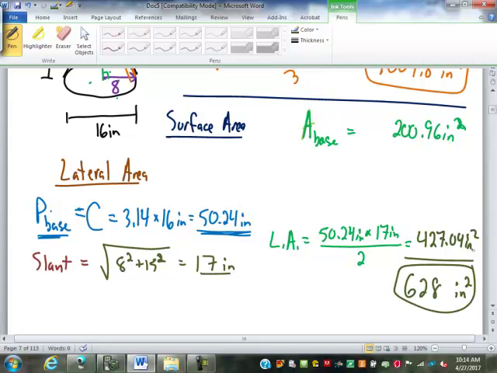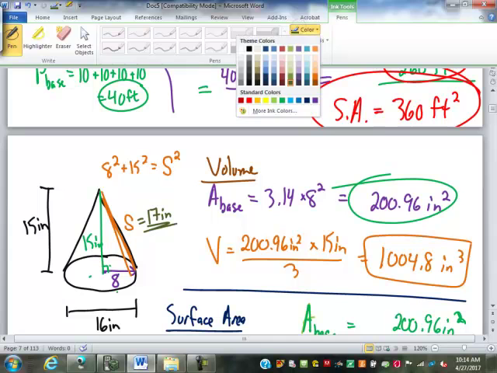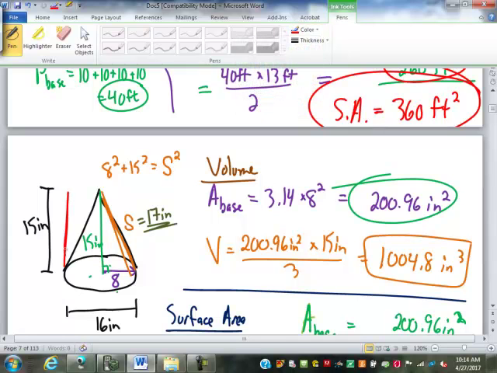Not by the height? Because on the other objects, because the sides went straight up and down, the height of the side, or the width of the side, was the same as the height of the figure. This goes up at an angle. So it's 15 inches from top to bottom, but you go up the slope, it's longer. It's 17 inches. So when you do the area, you got to account for that.